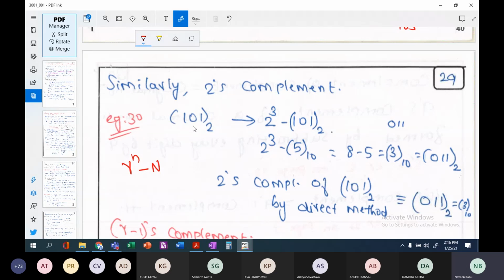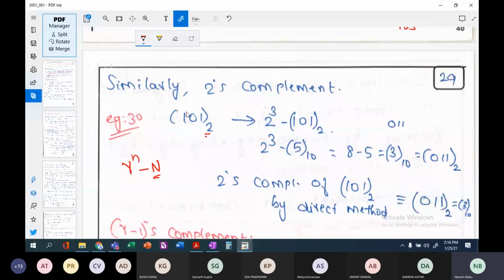Here there are 3 digits and the base is 2. So it is 2 cube minus 101. 2 power 3 is 8, and 101 corresponds to 5 in decimal. So 8 minus 5 is 3. So 011 is the 2's complement of this particular number.